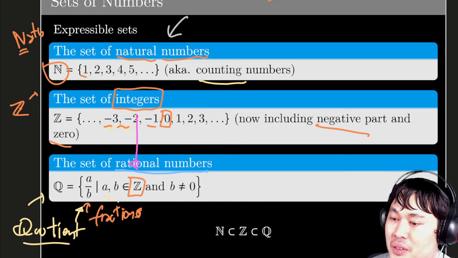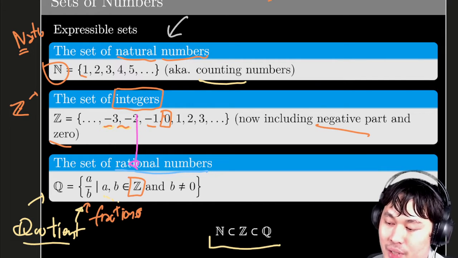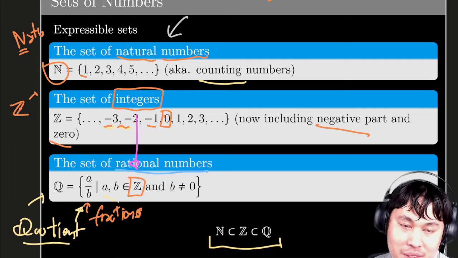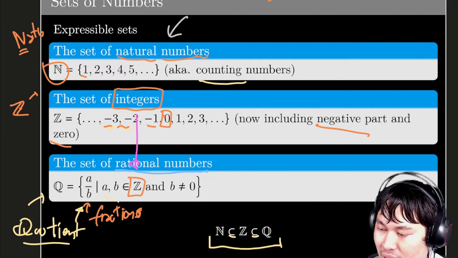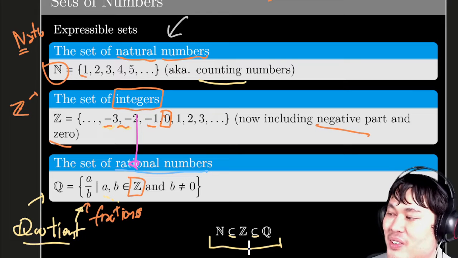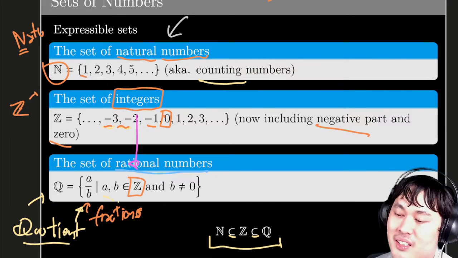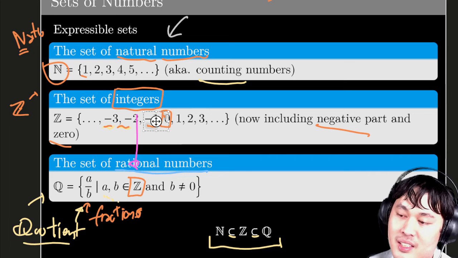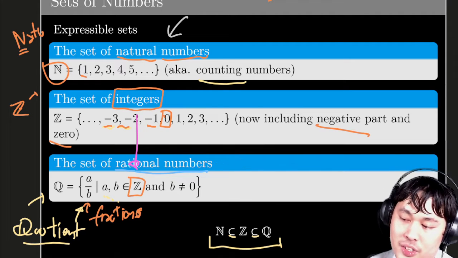And once we know these three sets, we can write them in terms of set notation. Oh, I should also add that, just to apply our past knowledge, N is a subset of Z, the integers, and Z is a subset of the rational numbers.